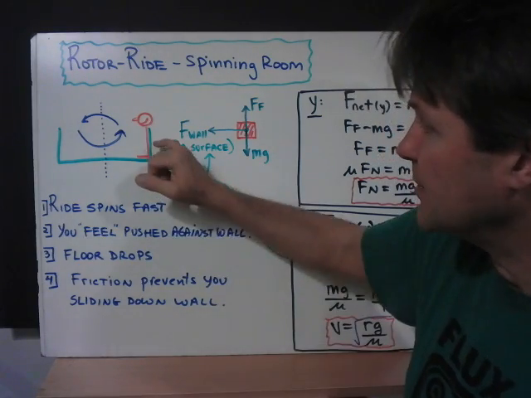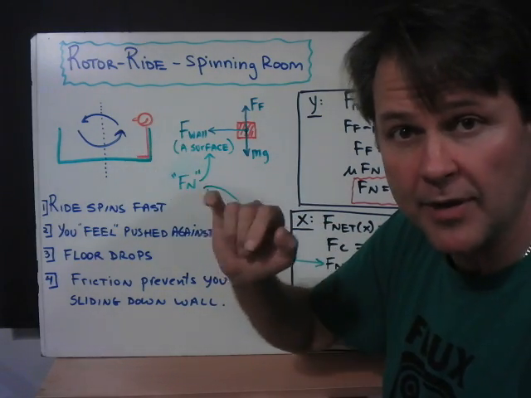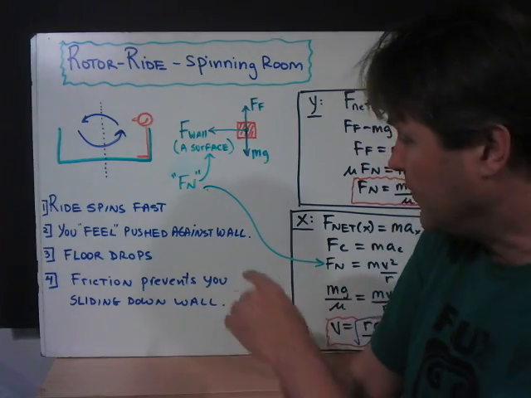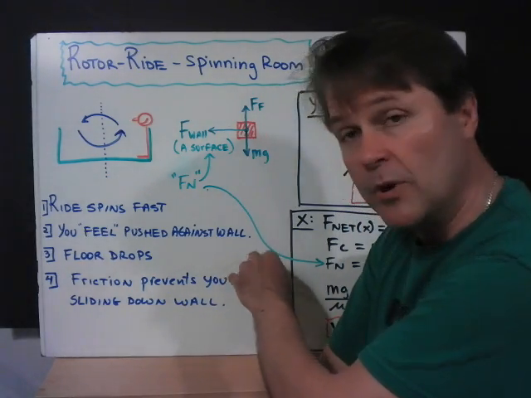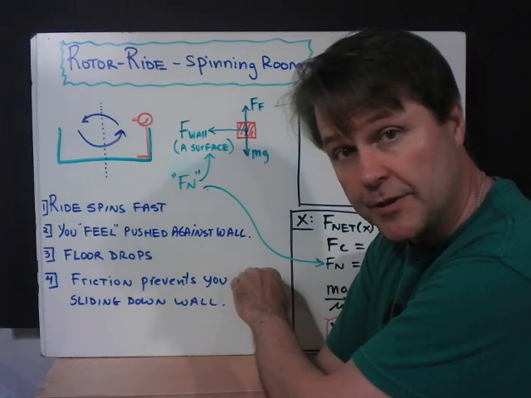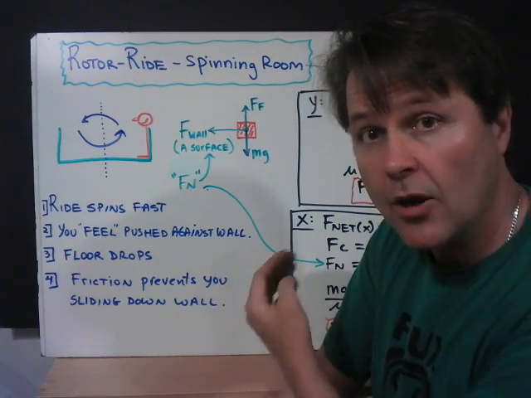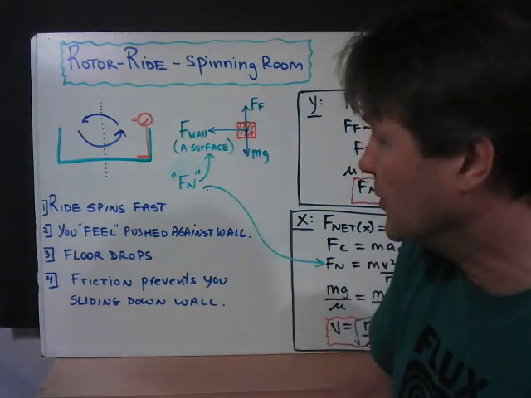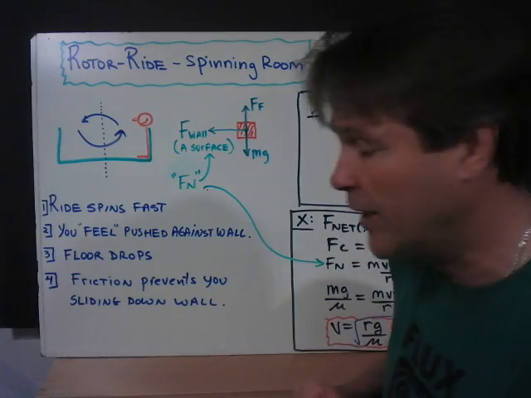And that's because of the normal force provided by the wall. You do recall that if you push on a surface, the surface will push back on you with the same force. And that's what's going on inside the Rotor Ride.